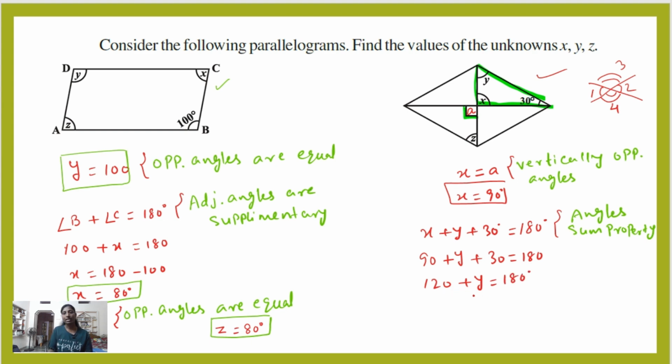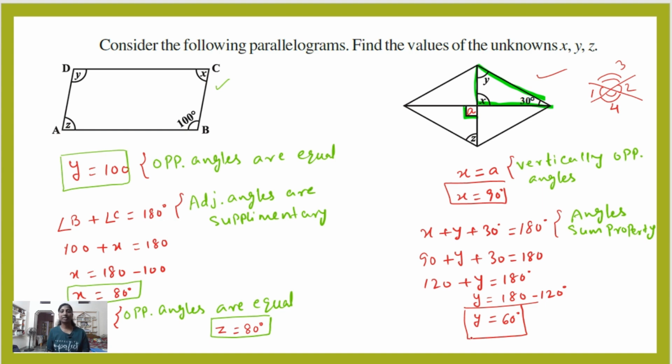It means y is equal to 180 minus 120. So y is equal to 60 degrees. So now we got the value of y.